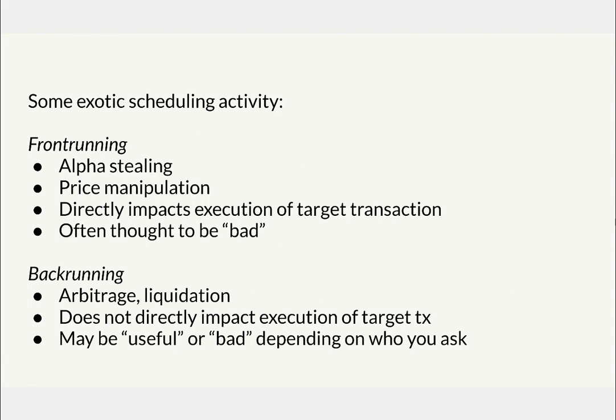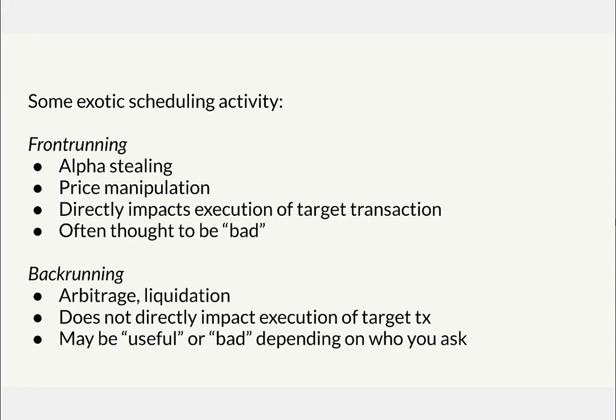This type of scheduling activity naturally breaks up into many kinds. I will focus on two fairly basic kinds, which are extremely well known in the industry. Frontrunning, where the scheduler creates a transaction to insert ahead of a target transaction, and backrunning, where the created transaction is inserted after the target.